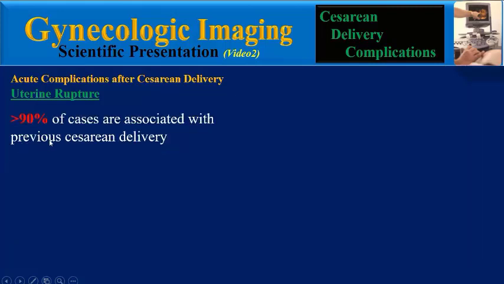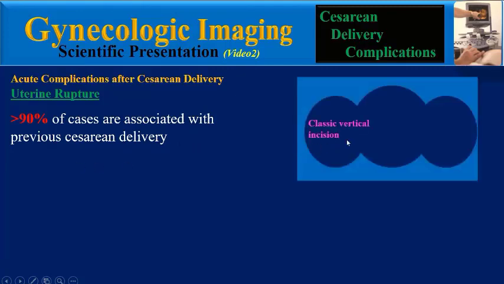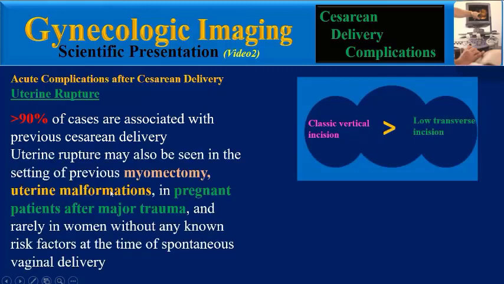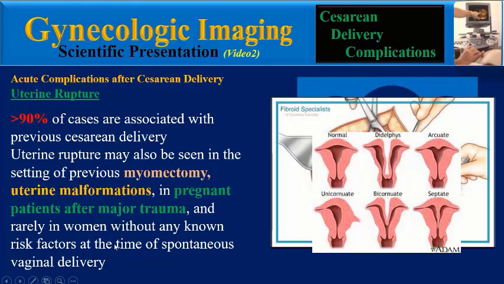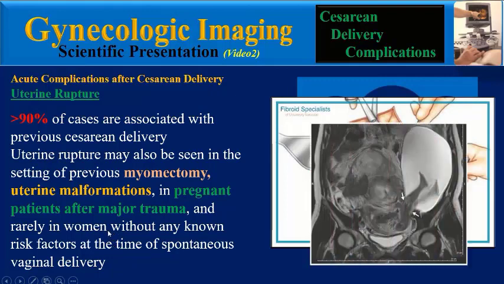More than 90% of cases are associated with previous cesarean delivery, which in classical vertical incision is more common than low transverse incision. Uterine rupture may also be seen in the setting of previous myomectomy, uterine malformations, in pregnant patients after major trauma, and rarely in women without any known risk factors at the time of spontaneous vaginal delivery.